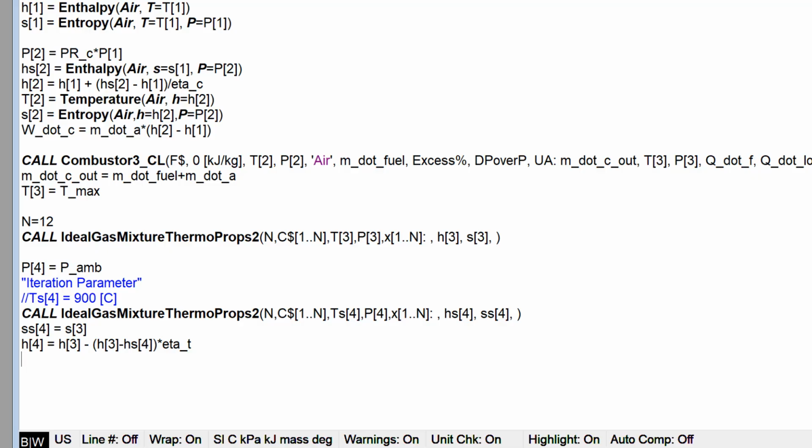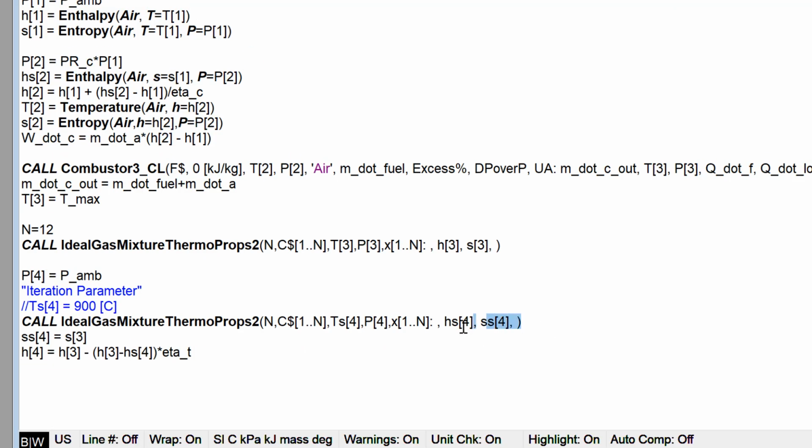To do that, I will call once again the ideal gas mixture props, and this time I'm going to give it N, C, this is T4, which is actually an unknown, so we'll see if it'll solve for that. This is P4, and then here I have H4, which is known, and S4.